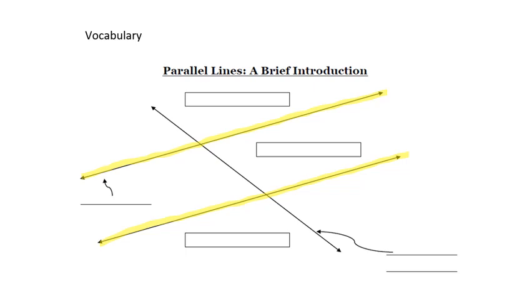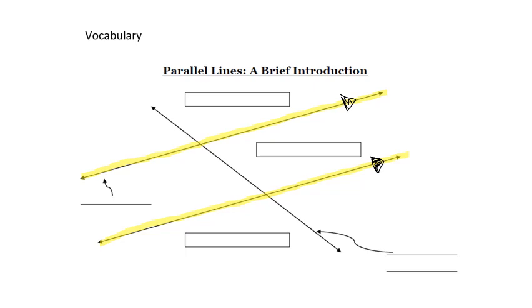A lot of times what you will see on parallel lines are little arrows like that, not at the end of the line, but somewhere in that area. And that also shows that they're parallel.